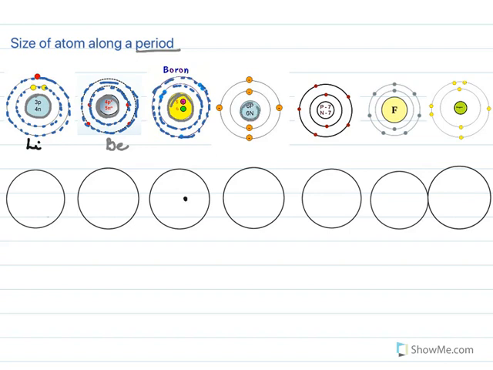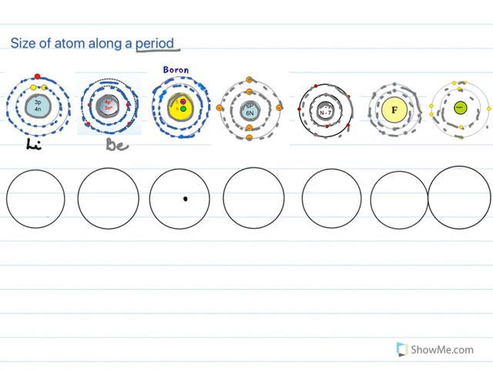Again, here we have the carbon with the K and then the L shell. So if you go up to all of them till the end, you have the central nucleus, and then we have the two shells. So all these atoms in the second period have two shells. So you will expect the atoms to be of the same size, but that's not what happens.